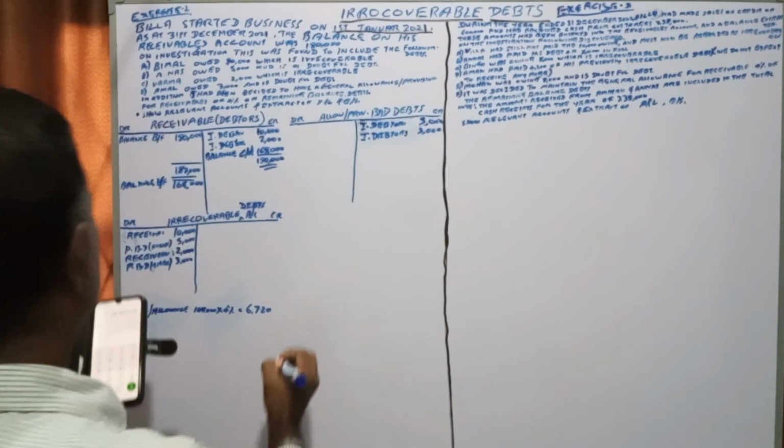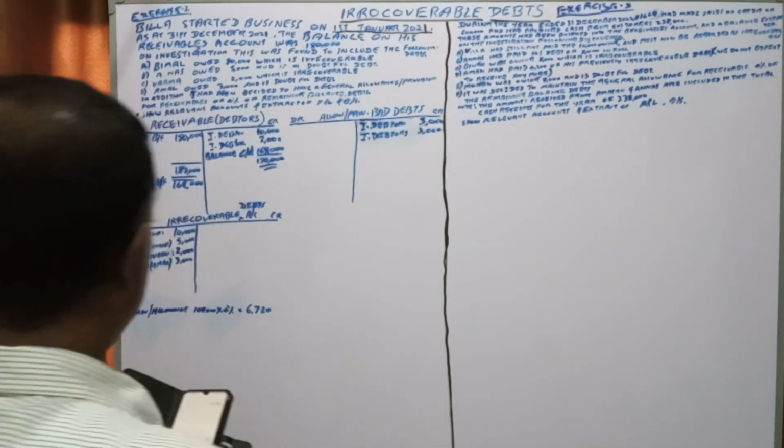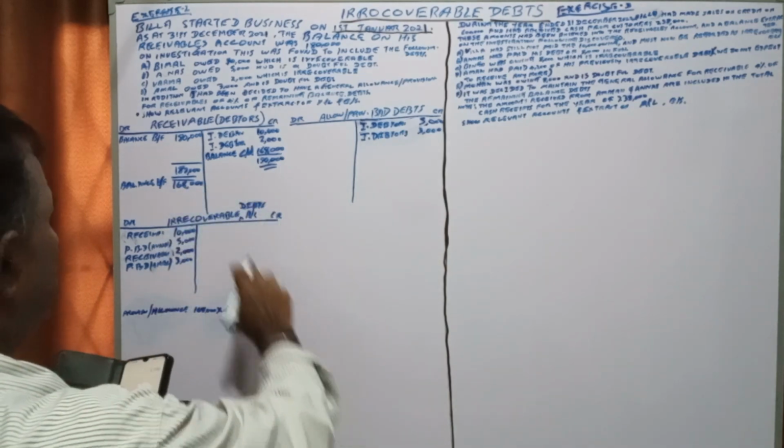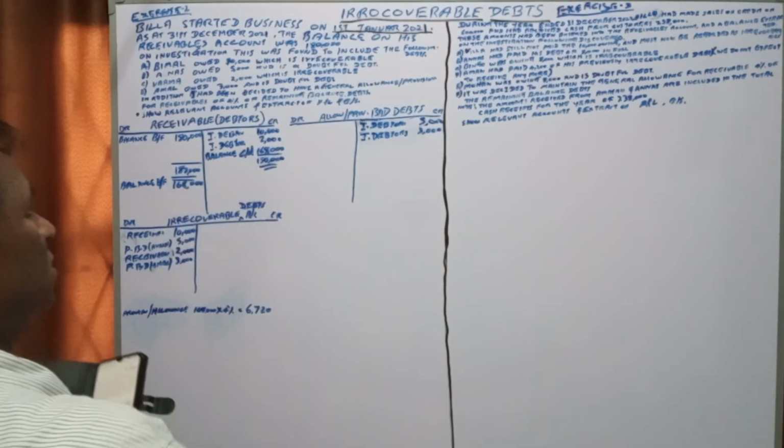So we can calculate it as a carried down balance of 6,720.